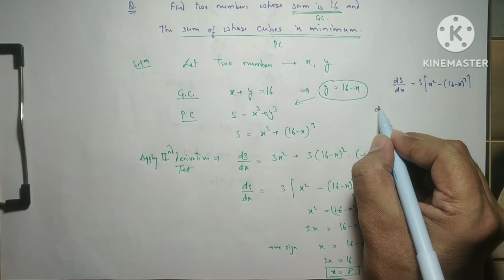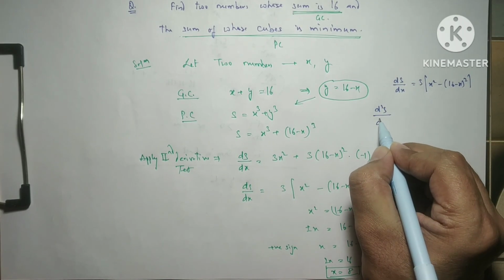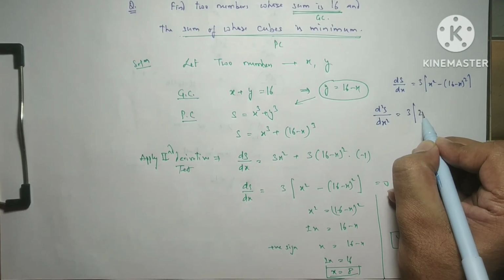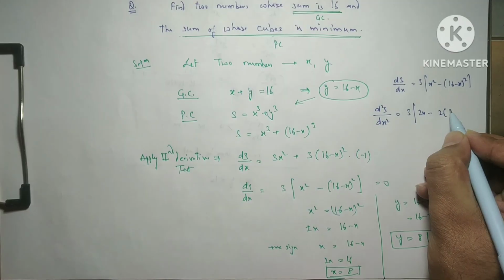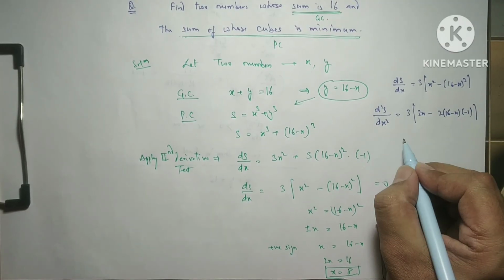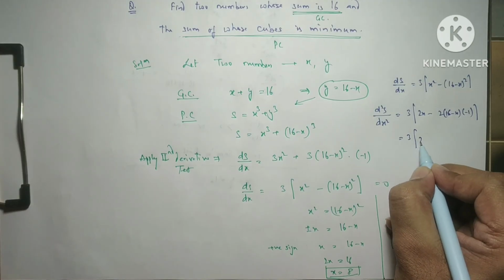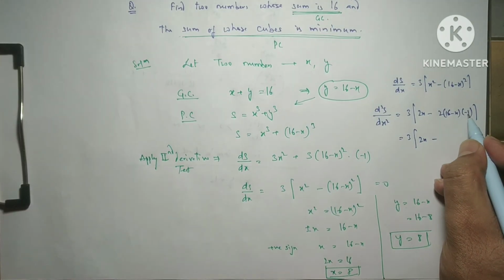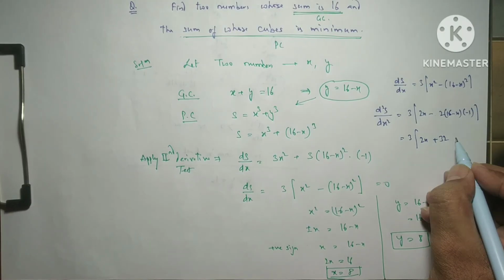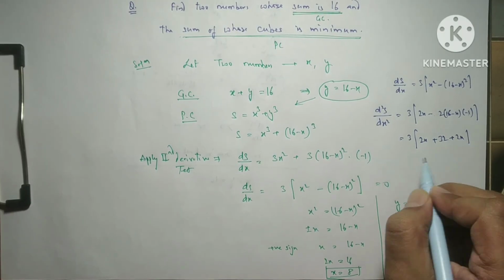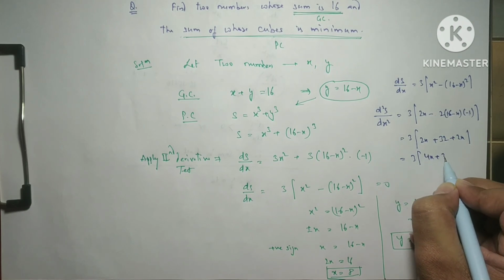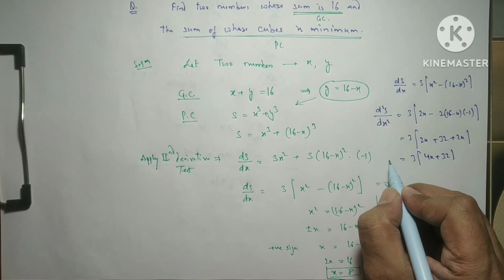So on the second derivative we will get 3 into 2x minus twice (16 minus x) into minus 1. So it is 2x, and this is positive, so positive 32, and it is positive 2x. So we get thrice 4x plus 32.